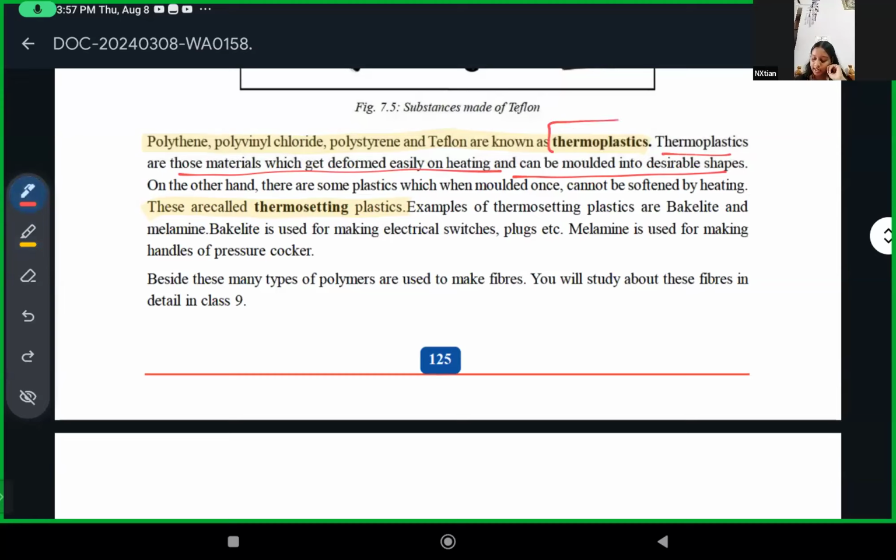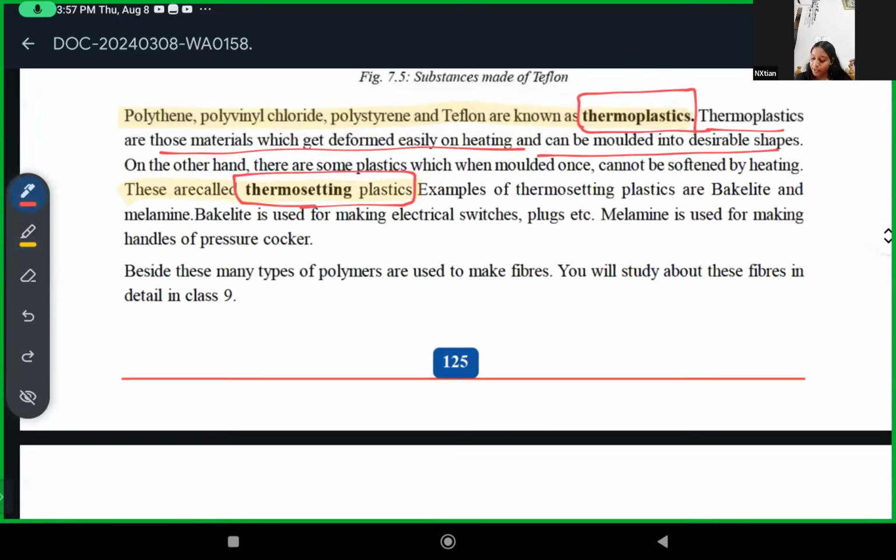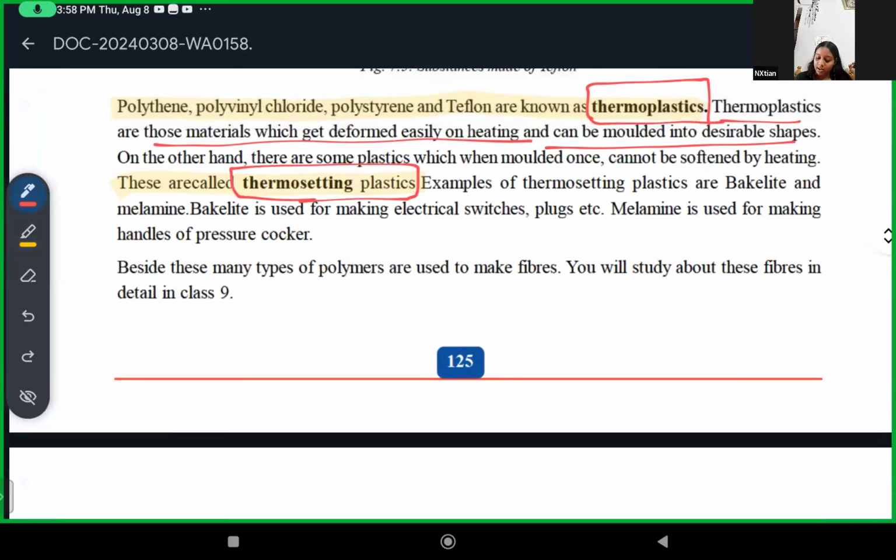Some are there which, once molded, will not melt again if you heat them. They are not soft, they won't be melted. Those are known as thermosetting plastics.